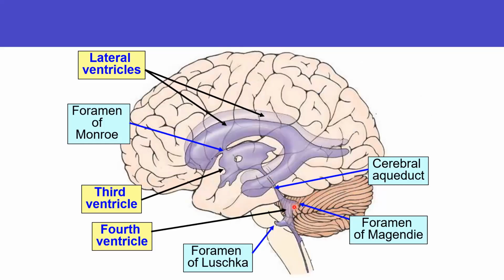And this is the median aperture for the fourth ventricle to the subarachnoid space, through the foramen of Magendie and the foramen of Luschka, the lateral aperture.